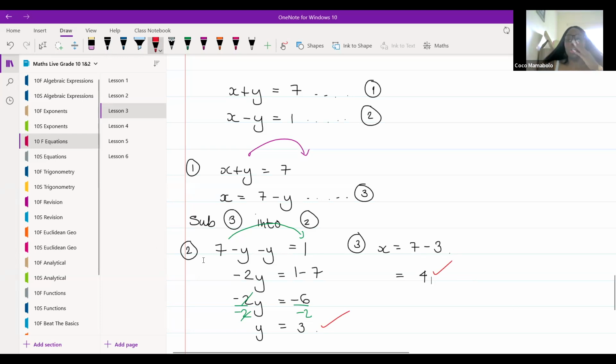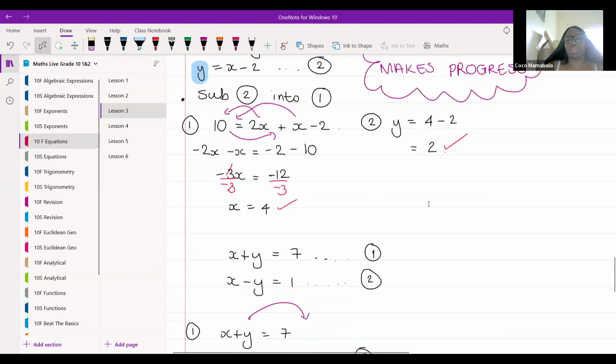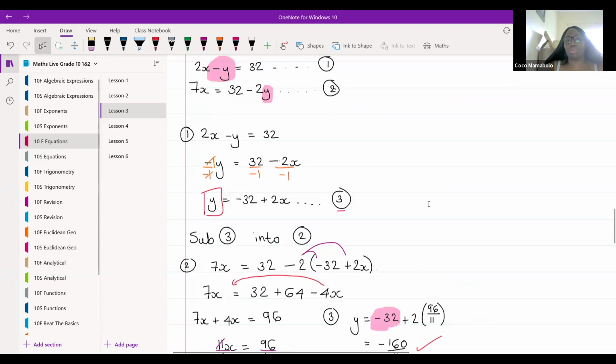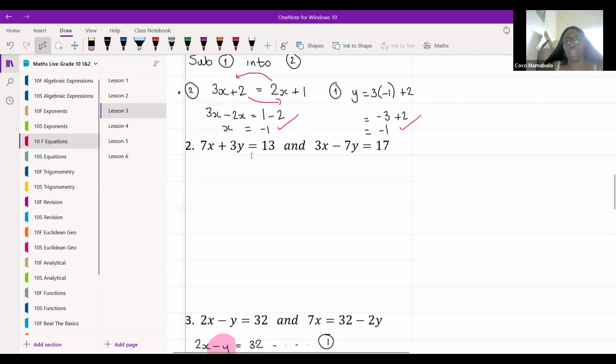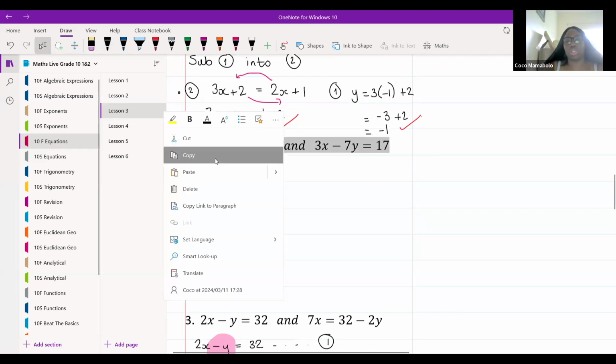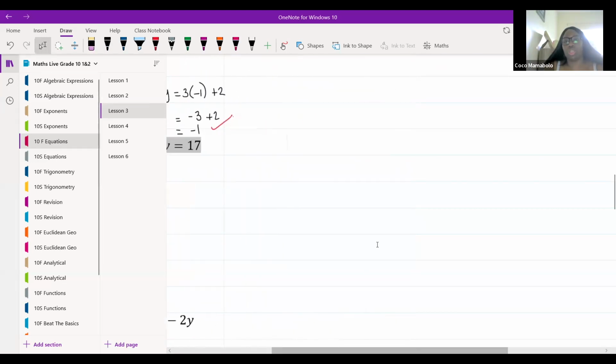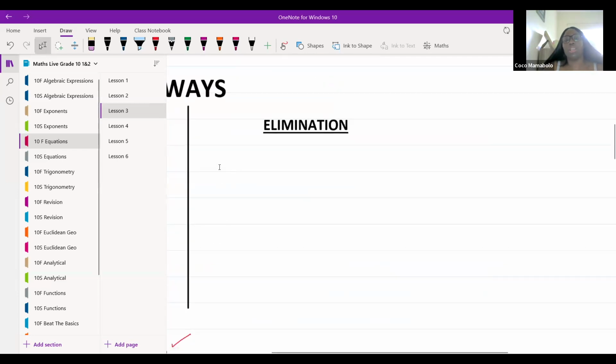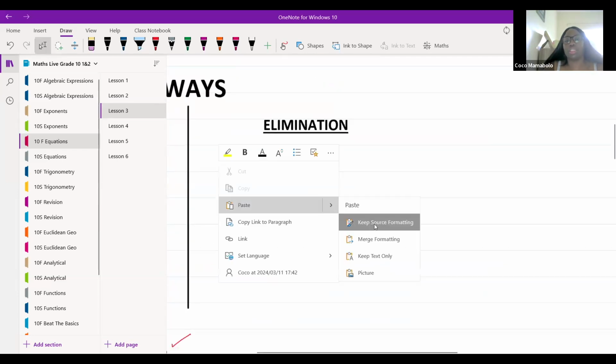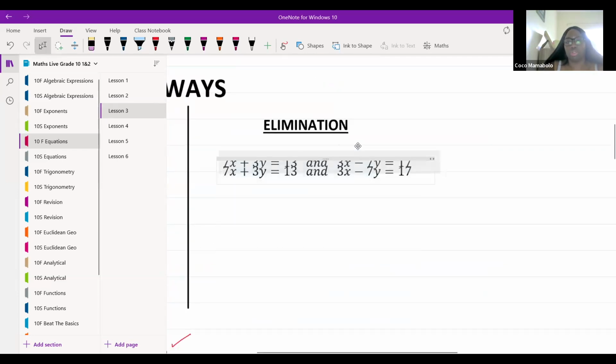Good. Okay. So now what I want us to do, guys, is go back to question 2 over here. And we're going to use question 2 to learn about elimination. All right. So let's go all the way up to the top. Now, elimination is going to look a lot different to substitution. But we're going to do the exact same thing that we did before.